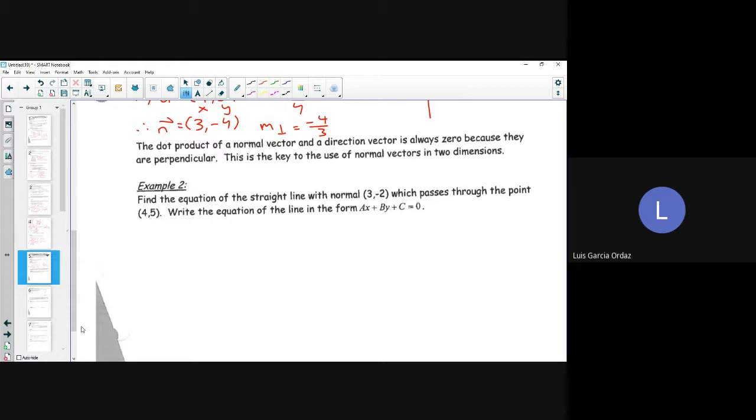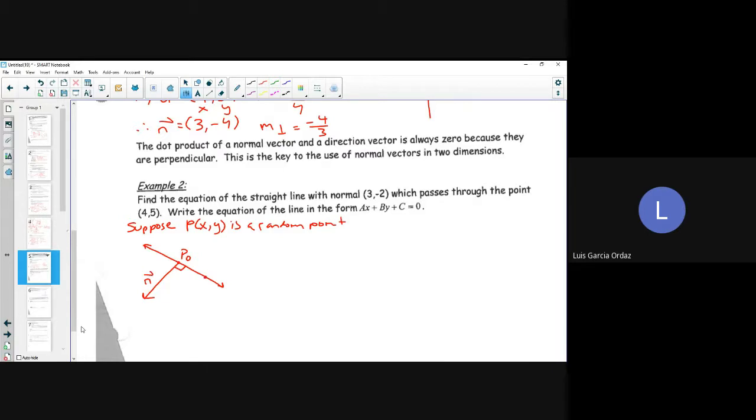So I need to pick a random point P that is x, y. Like the lesson before, suppose I have a point x comma y that is a random point. I have my P0, which is a point right here, and I have my normal vector, which is perpendicular to P0P.